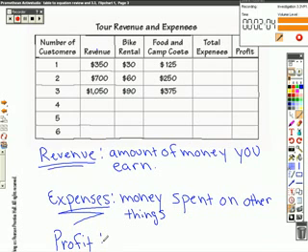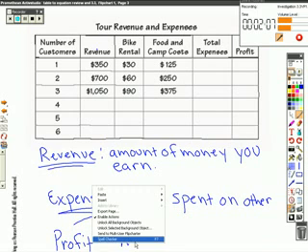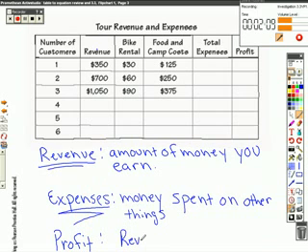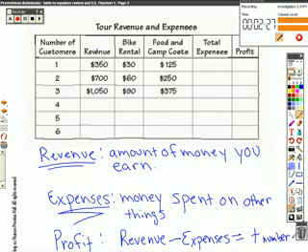Profit is when you take revenue and subtract your expenses. If you have a positive number, then you've made money, or you made a profit. If your expenses are larger than your revenue, you'll wind up with a negative number, and therefore you would have a loss. All right, so that takes care of the vocabulary.